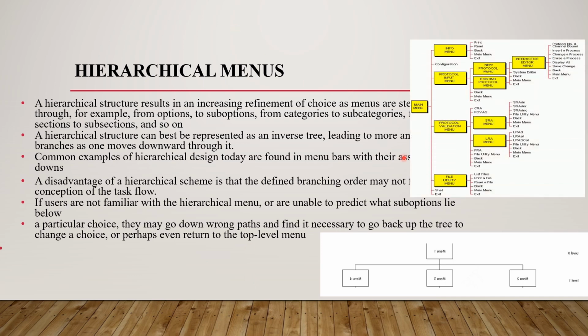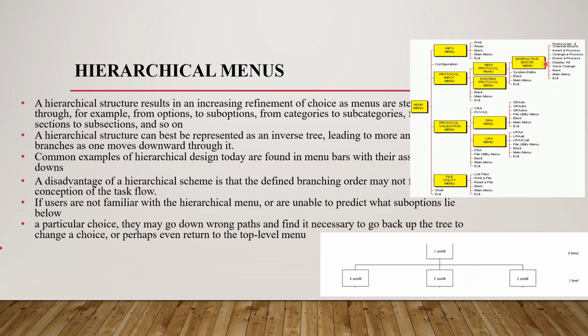For example, if you see this main menu, we have here information menu, protocol input menu, protocol validation menu and file menu. Within this branch you have again new protocol menu, existing protocol menu, and this in turn has a sub branch, hierarchical, elective menu, etc. It means that we have 4 levels here, that is level 0, level 1, level 2 and level 3.